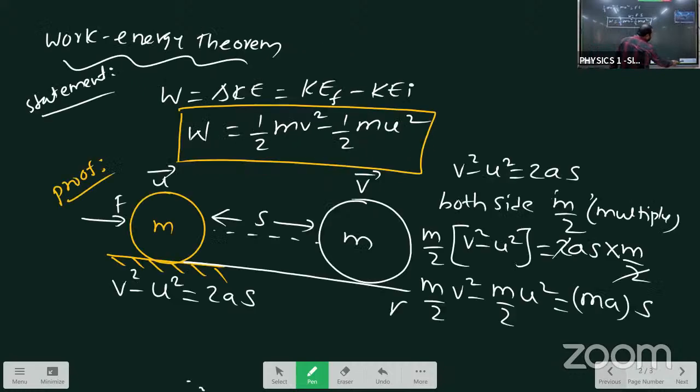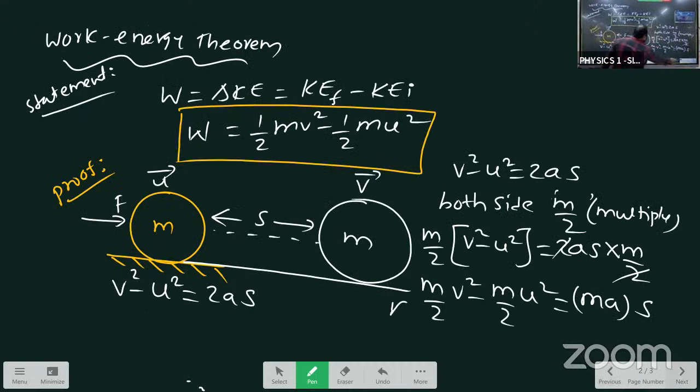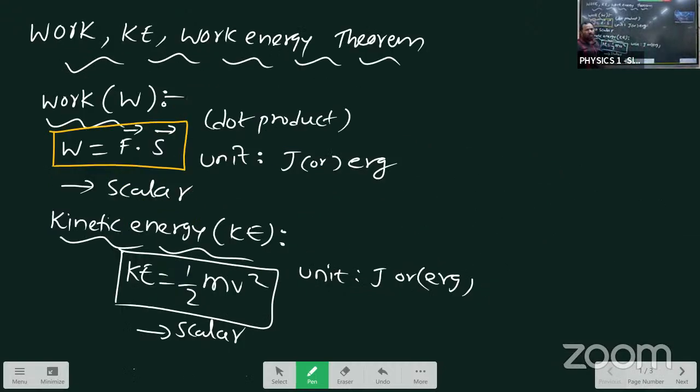Work is denoted with capital W. Work equals F dot S. The dot product of force and displacement we call work. That is the definition of work. Work has units joules and it is a scalar quantity. Work over. Next, kinetic energy.